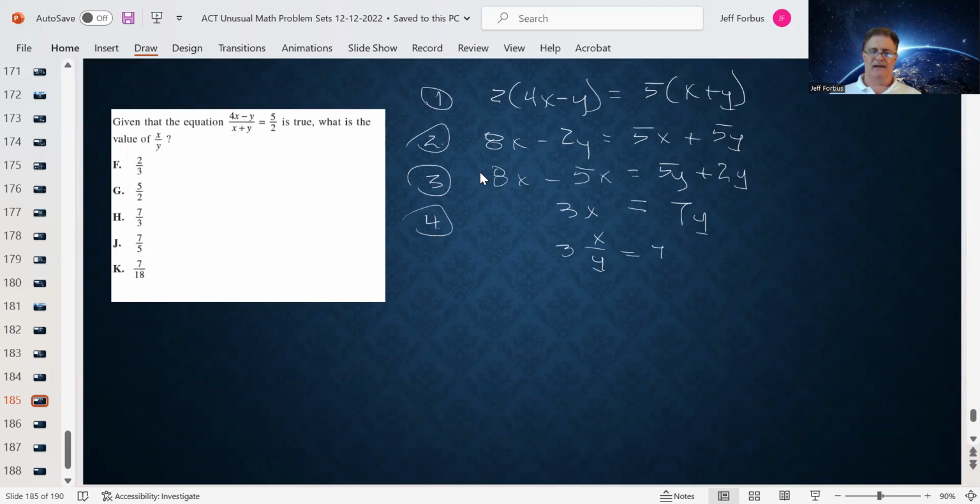Now I need x over y. So the last step is I'm going to divide by 3. So x over y is equal to 7 over 3. And that's going to give us answer choice H. All righty, let's move on.